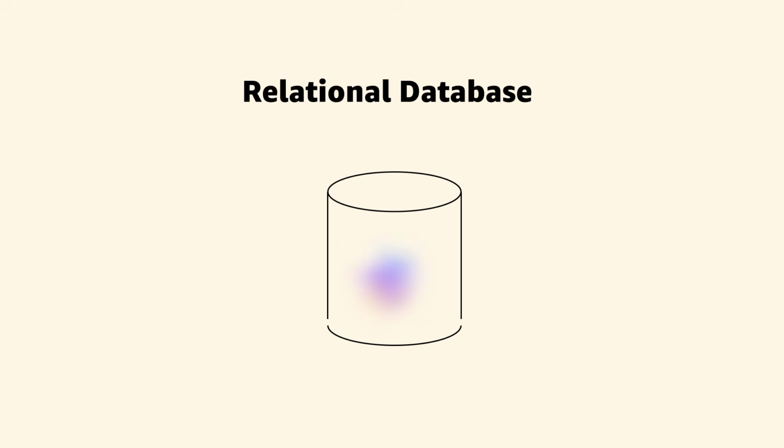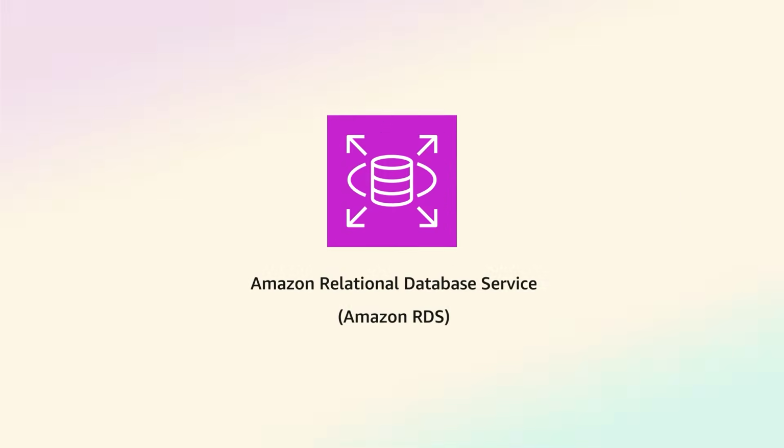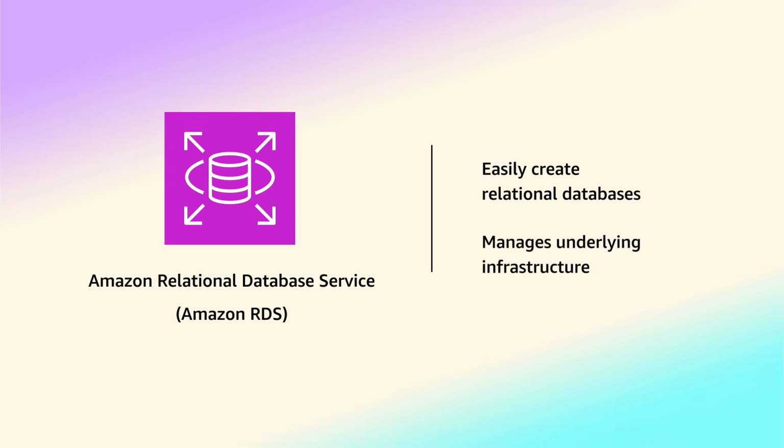Different parts of NFL Next Gen Stats need different database solutions, and AWS offers multiple purpose-built databases because each type of database excels at specific use cases. Relational databases, like PostgreSQL or MySQL, provide structured storage with defined schemas, and they handle complex queries across multiple tables. Amazon Relational Database Service, or RDS, allows you to easily create relational databases and manages the underlying infrastructure.